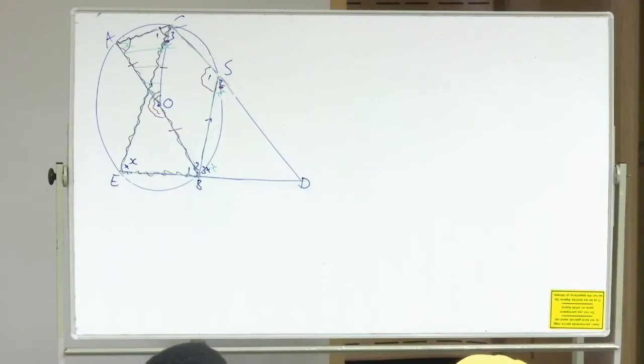Ladies and gents, if you can learn to do geometry this way, you can be successful, but it requires you know your geometry. It requires you know your theorems off by heart.